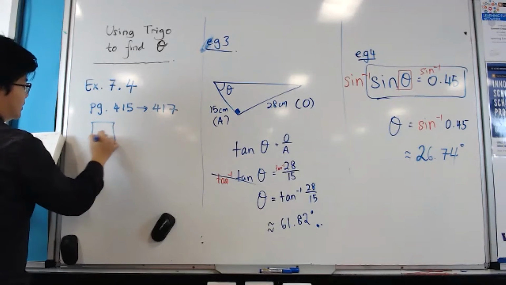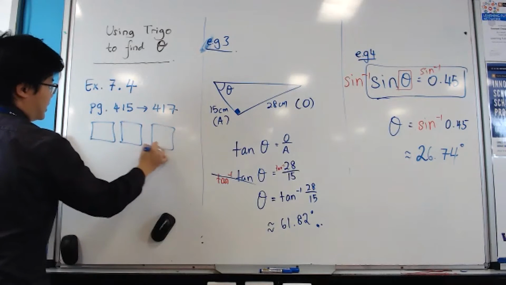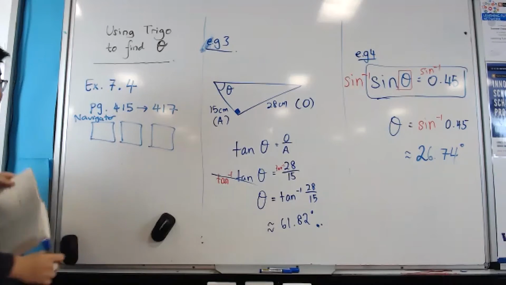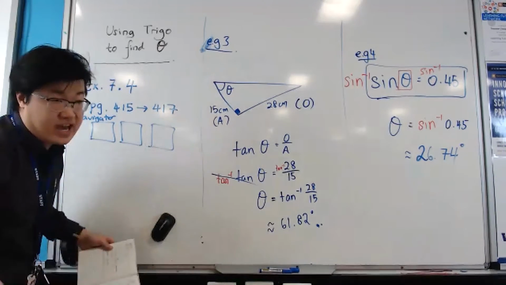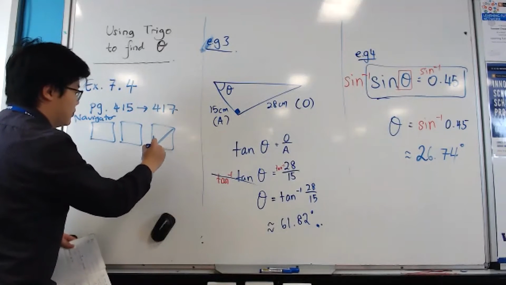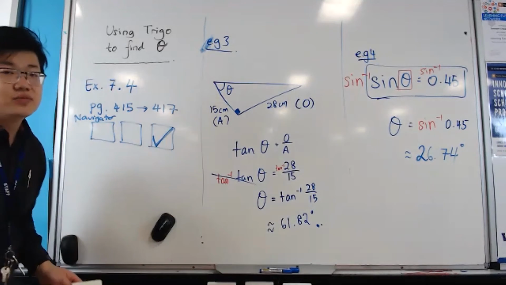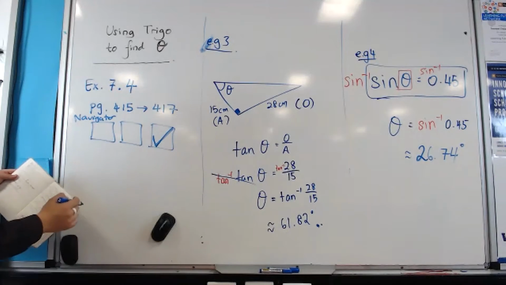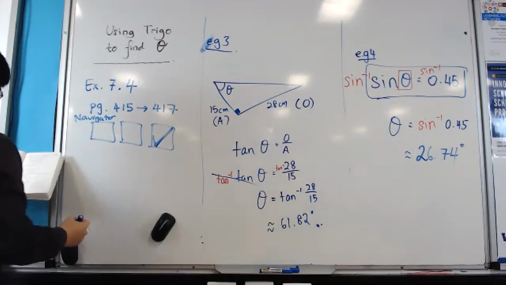As always, we use the navigator. Which one are we going to do? No doubt, we're going to go for the most challenging one. As always, the third column, because the first and the second are too easy for all of you. So just do the third one.